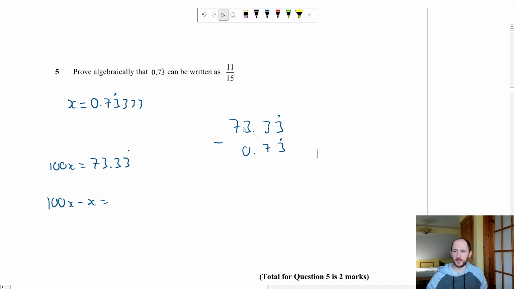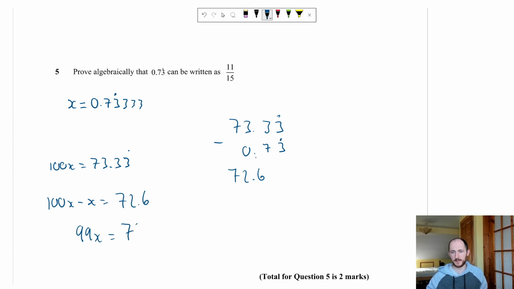So after that, I'm just doing 73.3 minus 0.7, which is 72.6. So 99x equals 72.6. So x equals 72.6 over 99.